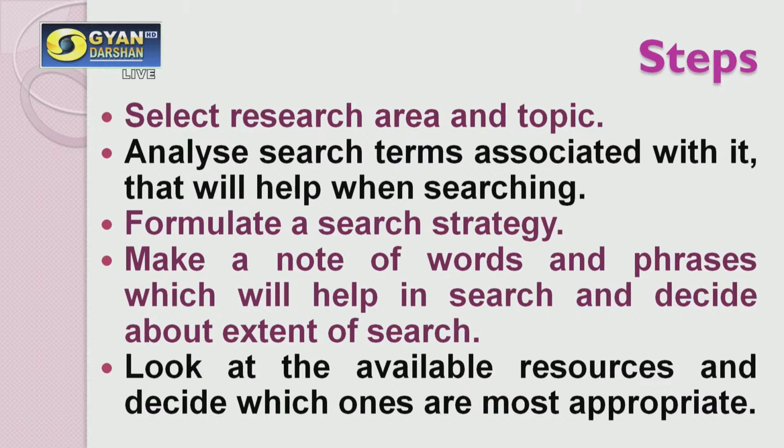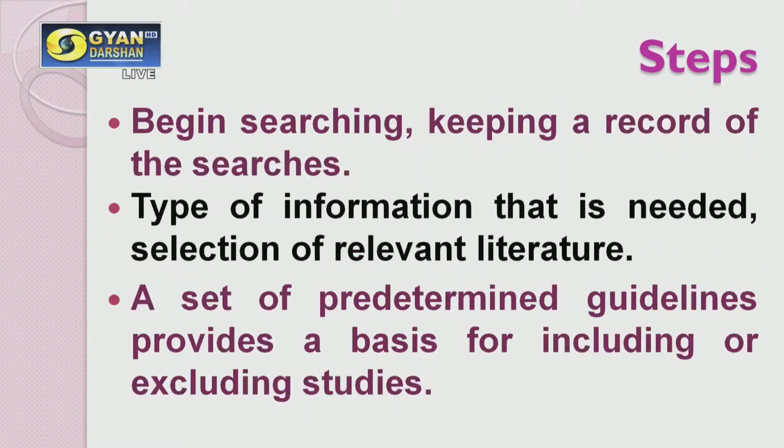The steps are: select the search area, analyze and select the items you want to associate with, formulate a research strategy, make a note of words and phrases, look for available sources and decide which one is appropriate. Begin the search keeping in mind the various records. You should keep a record of your search.